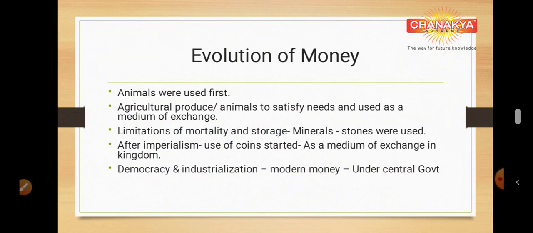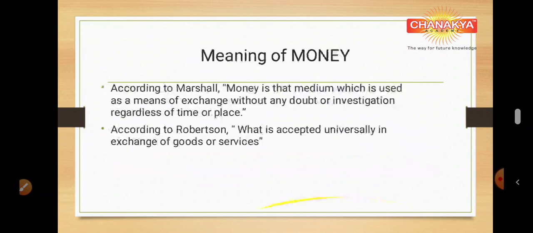But how was it introduced? Earlier animals were used, but due to their mortality, it gave rise to storage of minerals and coins. And then after democracy, what we are using right now is the currency under the central government. We had also discussed the 2 different definitions of money given by Marshall and Robertson.